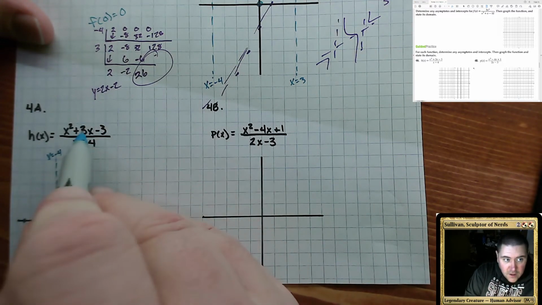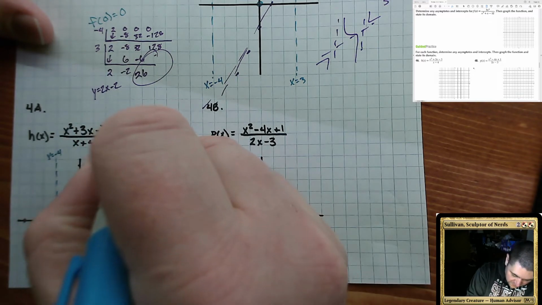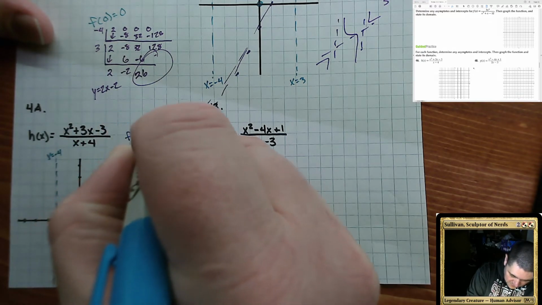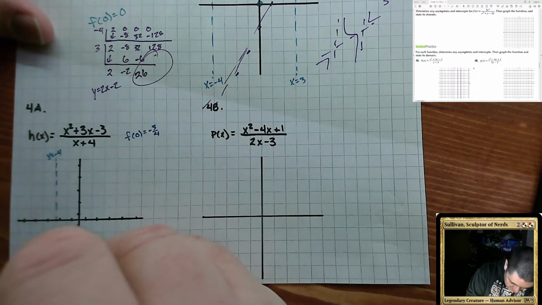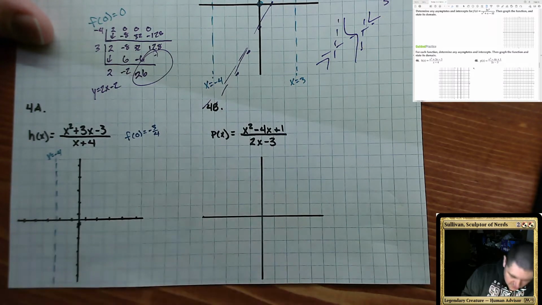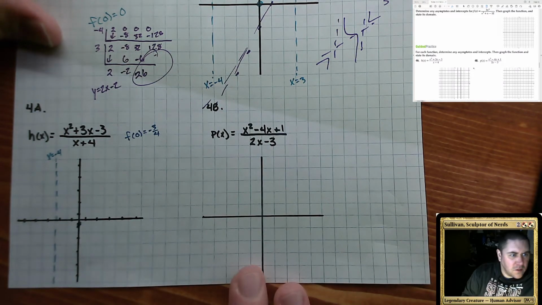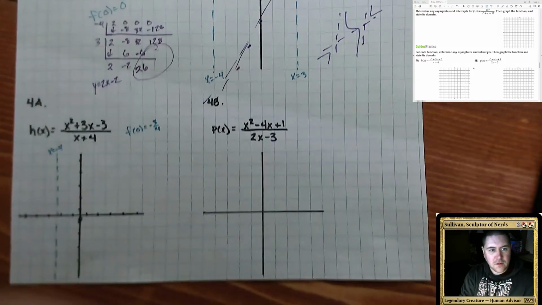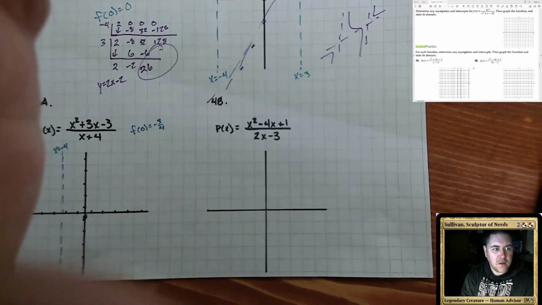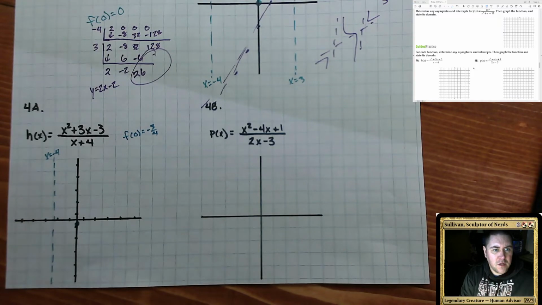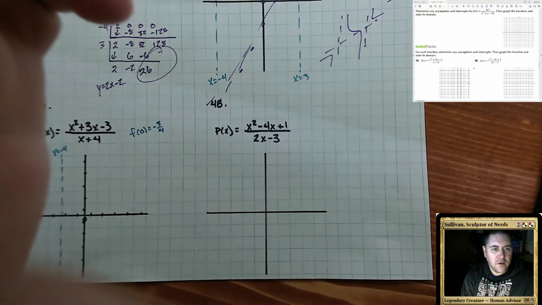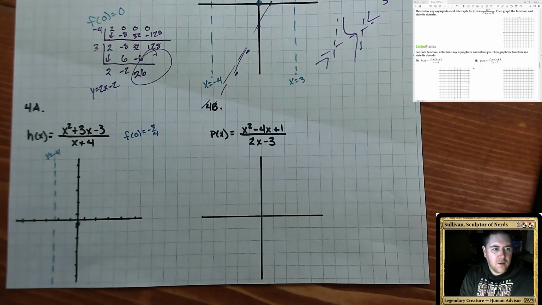If I plug in a 0, the function of 0 gets me negative 3/4, about here, as a y-intercept. Ooh, that's kind of blurry off to the side. When was the last time I focused this thing? Better? Oh, it's blurry off to the right. Good enough.